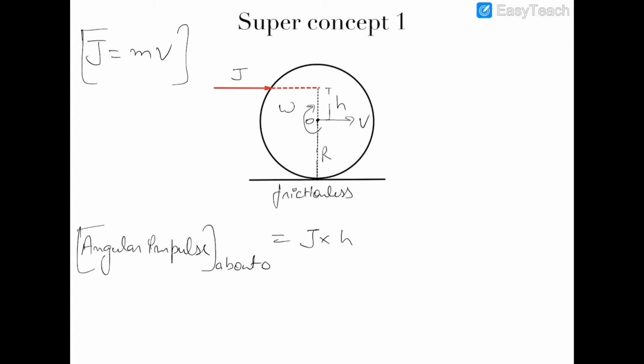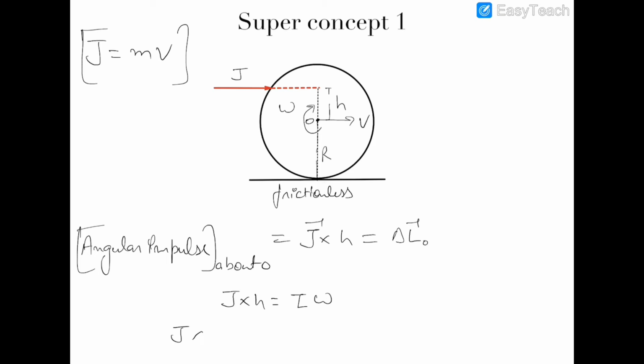And this angular impulse is also equal to the change in angular momentum about O, delta L about O. So this is J into h is equal to I omega, where omega is the angular velocity of this object about center, and I is its moment of inertia.